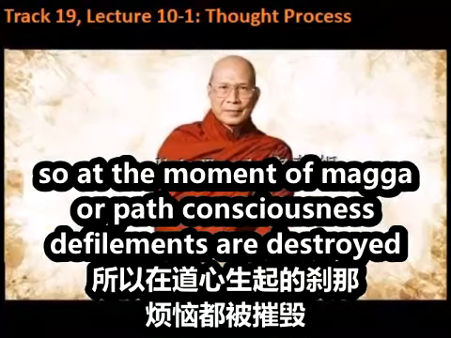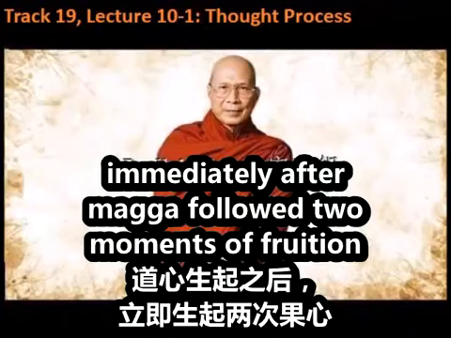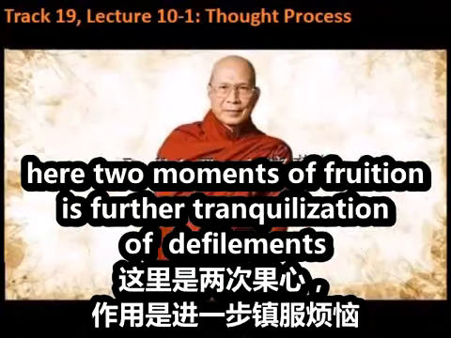So at the moment of magga or path consciousness, defilements are destroyed. And immediately after magga follow 2 moments of fruition. And the function of these 2 moments of fruition is further tranquilization of defilements.